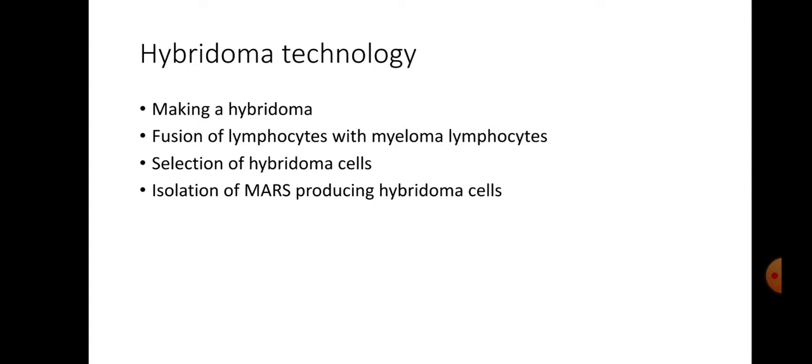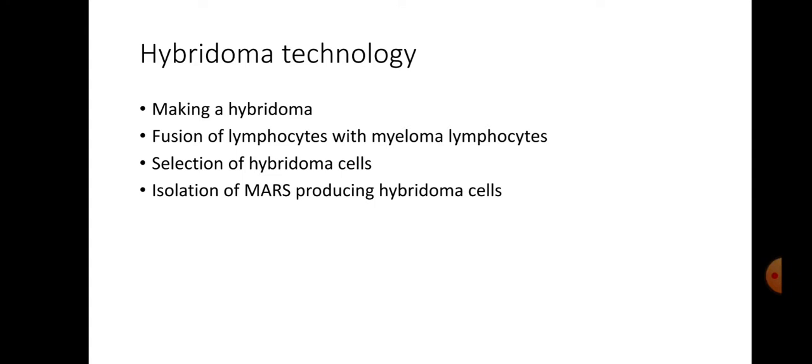In short, these are known as MABs, M capital, ABs small letters. What Kohler and Milstein did was to fuse normal antibody producing mouse B lymphocytes with mouse myeloma B lymphocytes. Myeloma means cancerous cells. Myeloma cells means cancerous cells.